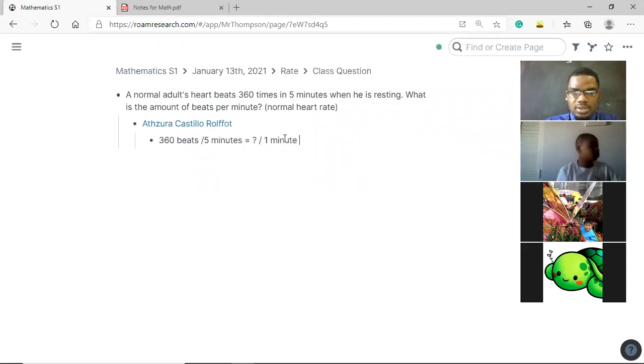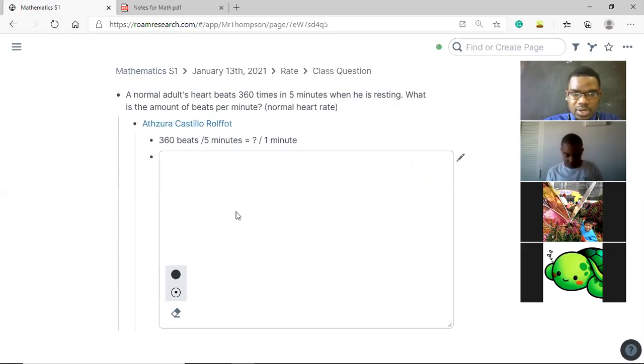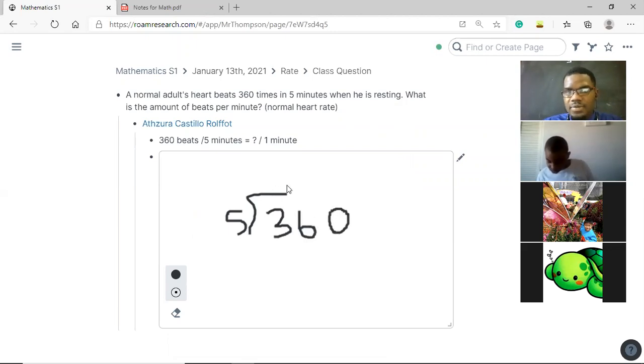Excellent. Okay. And then you divide 360 by 5. Right. You're gonna say 5 into 360. Remember, you put the numerator as the one that's being divided. So now we say 5 into 3, can't. 5 into 36 is 7 times. 5 times 7, 35.